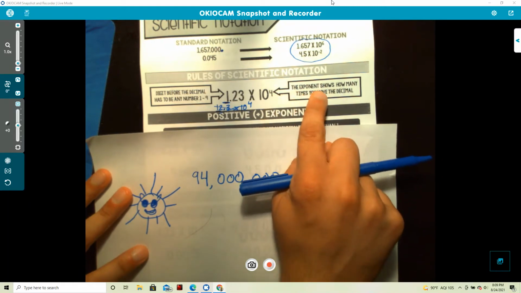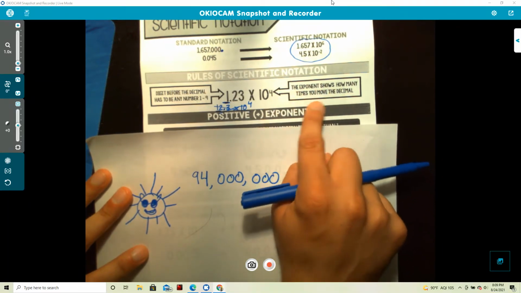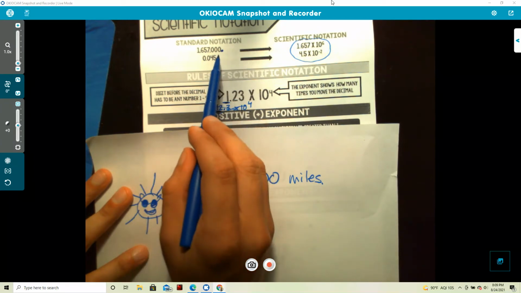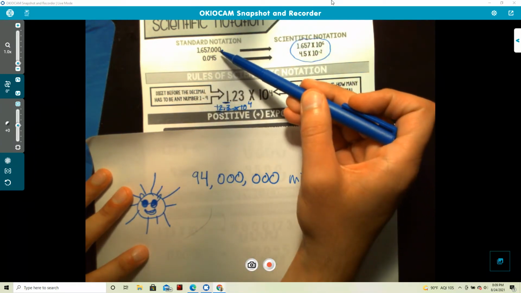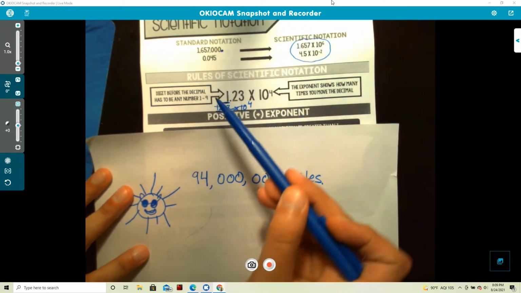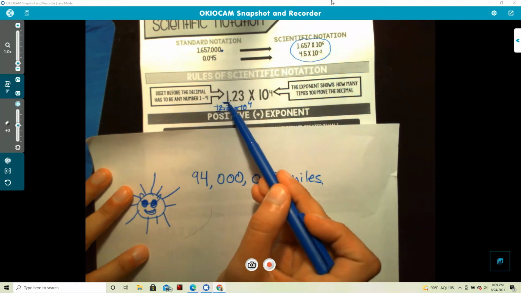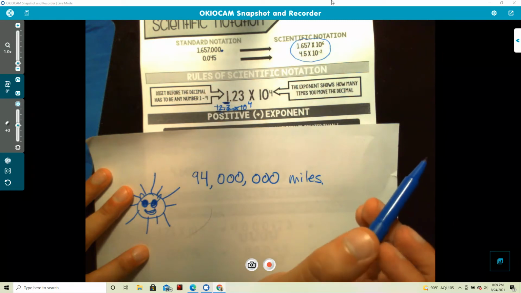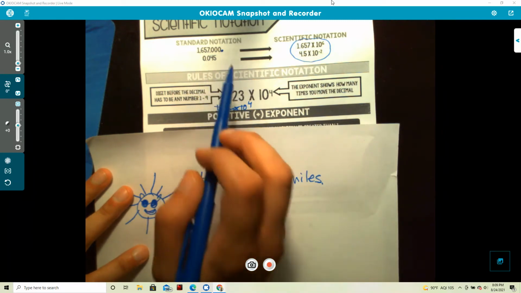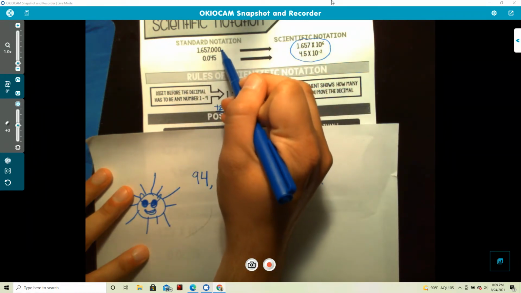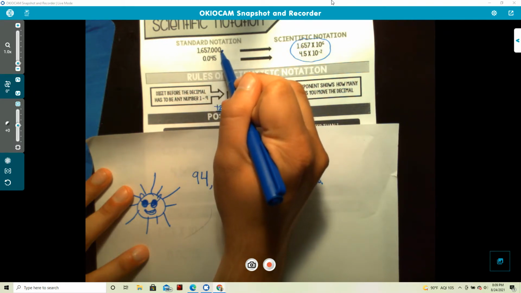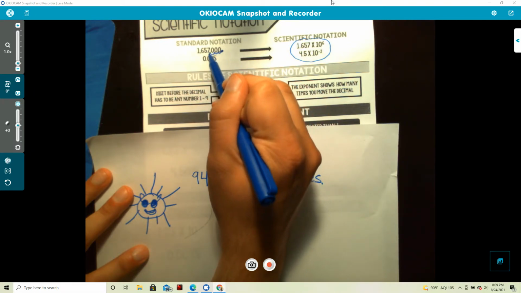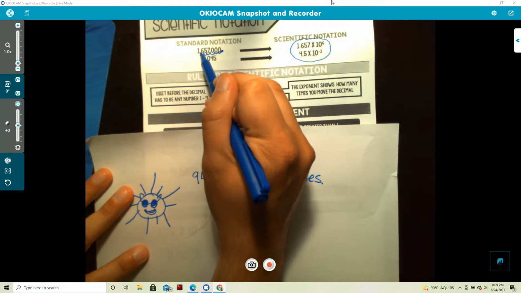All right, so the exponent shows how many times you move the decimal. Remember, our goal is to move the decimal to where only one digit is expressed before the decimal. So if we're going to do 1,657,000, we would move it from here to here, one place value 2, 3, 4, 5, 6.